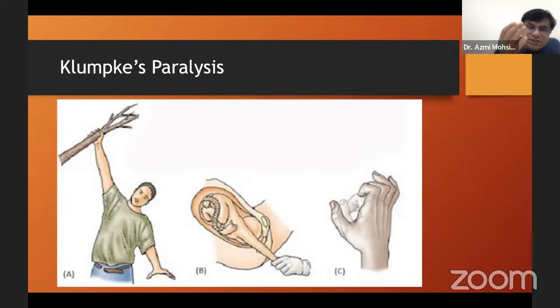So what will happen? C8 T1 is lost. And what was C8 T1 reaching into? Along the medial border of the arm, forearm, and medial border of the hand. That is the course of C8 T1. I told you the dermatomal and the myotomal spread. So all the muscles here will be lost. And what were the nerves arising from C8 T1? Ulnar nerve, right? And you have the medial cutaneous nerve of the arm, the medial cutaneous nerve of the forearm, and the medial root of the median nerve.